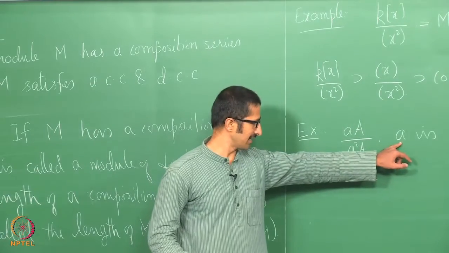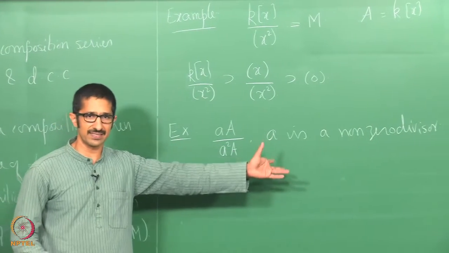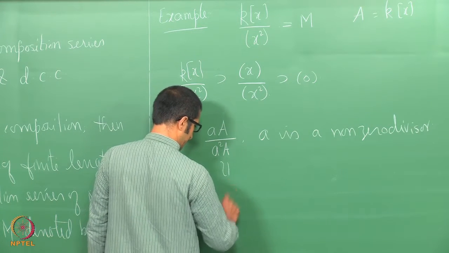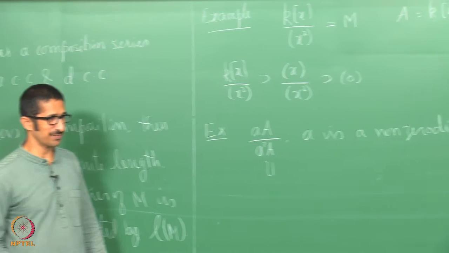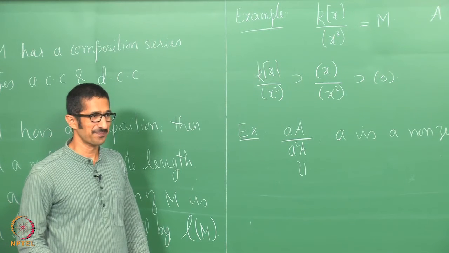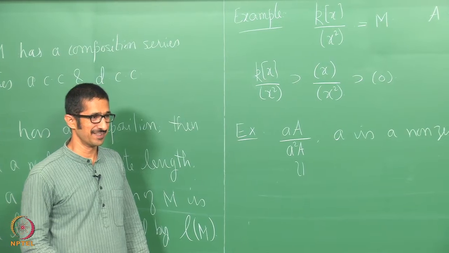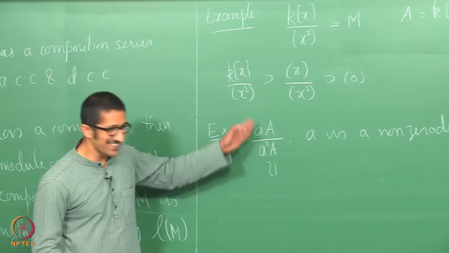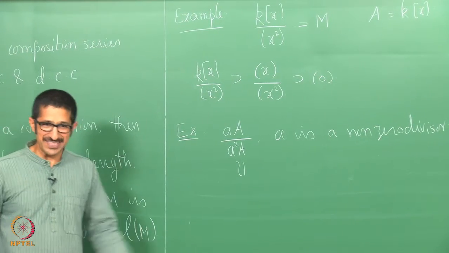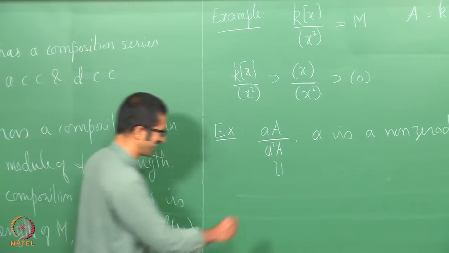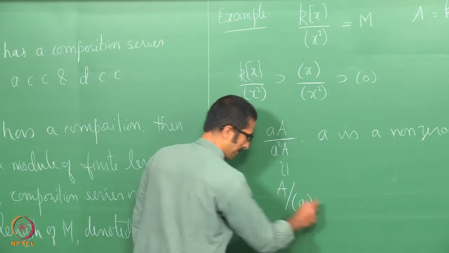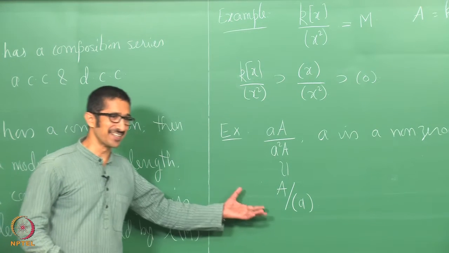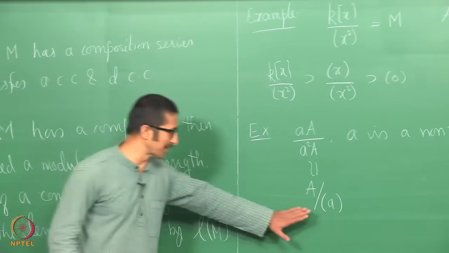That ax is non-zero for any non-zero x in A. Then this is isomorphic to what? Try to see if you can prove this.